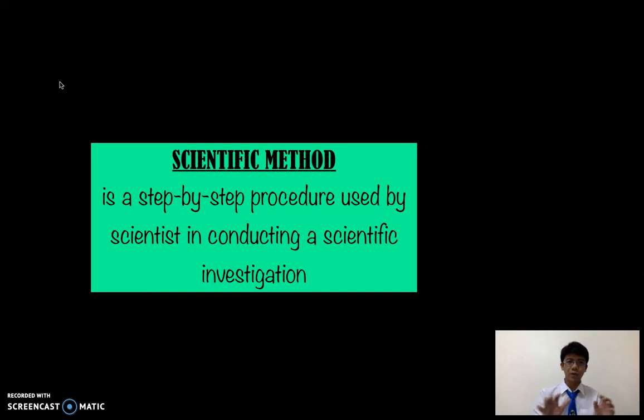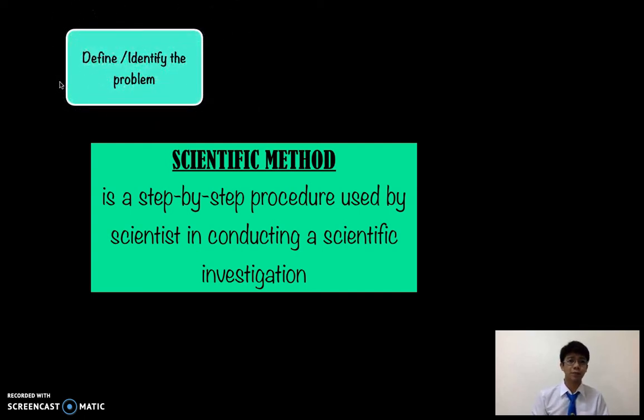So knowing the situation, okay, that you are planning to plant a cabbage plant and you wanted to know the type of soil that you want to use in that particular plant, the first thing that you have to consider is for you to identify the problem. What do I want to discover? What do I want to know?